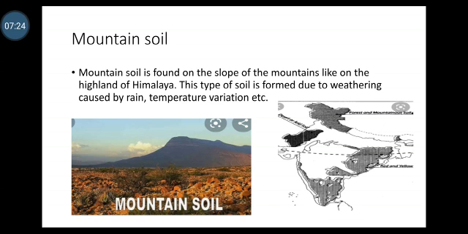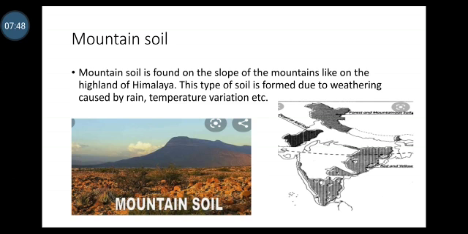Nowadays we observe that over cultivation, cutting down of trees and overgrazing have loosened up the soil. उससे सॉयल के पार्टिकल्स लूज हो गए हैं and that decreases its fertility. So this leads to soil erosion by wind and water.